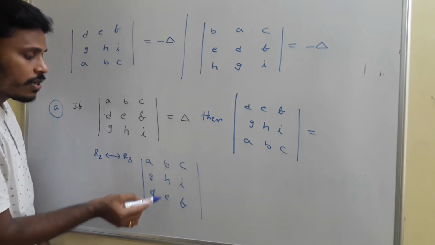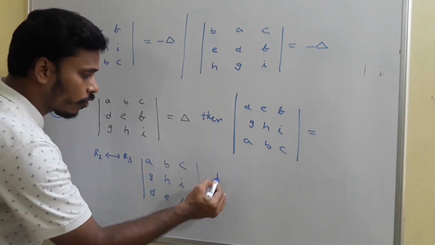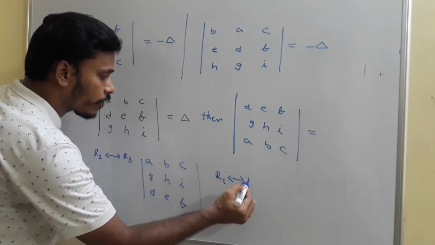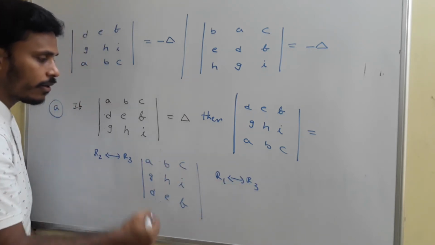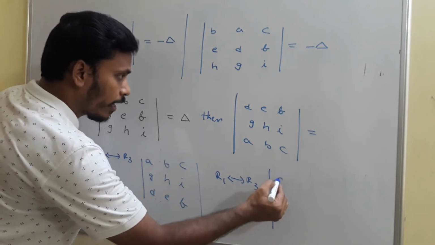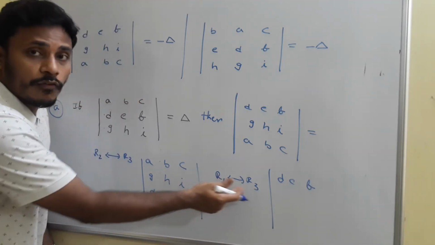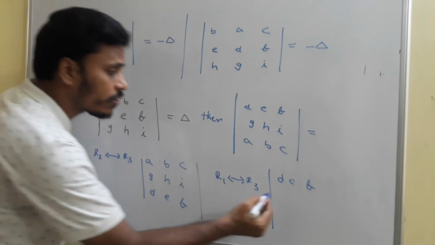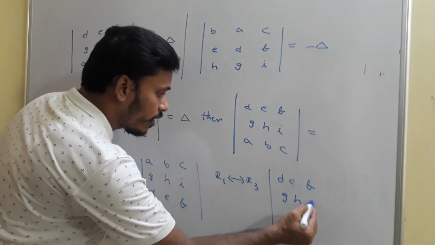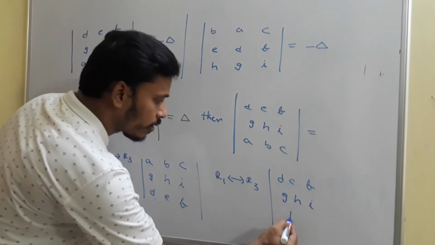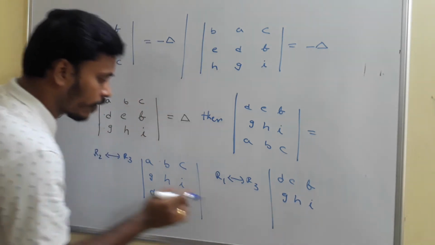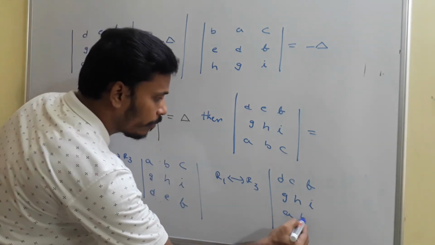Now interchange the first row and third row. If you interchange the first row and third row of this determinant, you will get D, E, F, and since the second row is fixed at that place, G, H, I, and at the third place we need to write the first one, A, B, C.